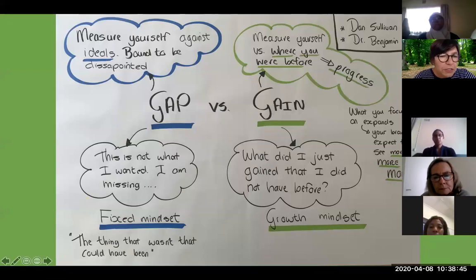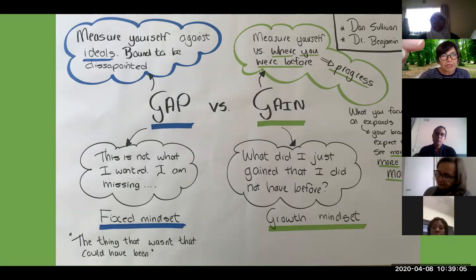So when you do that, your brain has this amazing ability to then expand the focus and to see more and expect even more, because I'm looking for the progress and I'm looking at what I can do in order to achieve the progress, rather than here's the goal that I wanted to achieve and I'm disappointed because I didn't get to that.